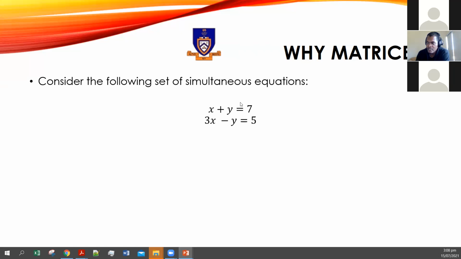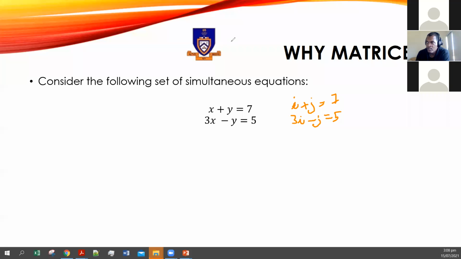So over here, we have a simultaneous equation. And remember, this simultaneous equation can be rewritten as i plus j equals 7, and then we have 3i minus j equals 5. All right, remember that the i's and the j's are just variables that we are replacing for the x and the y's.